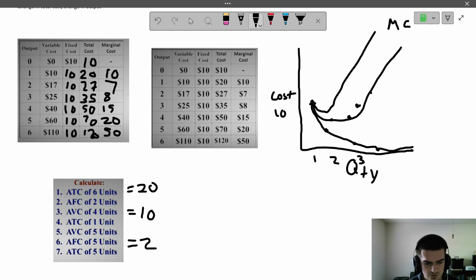And then your average total cost is what at 1? It is 20. And then at 2, it is like 13, right? At 3, it's like 12.